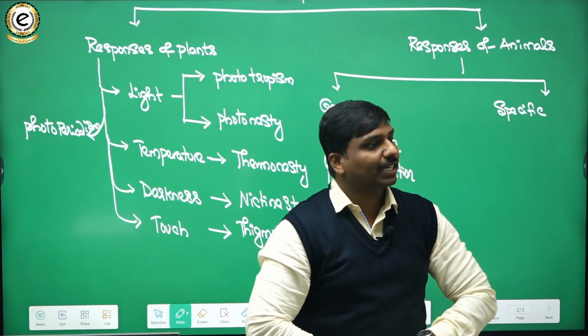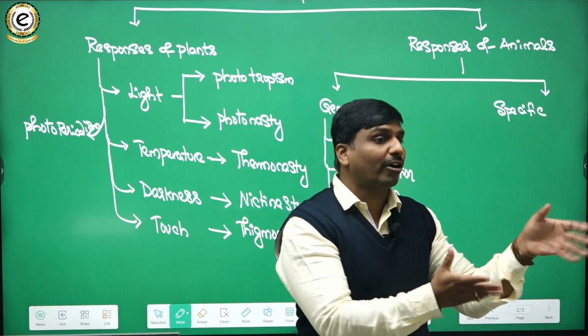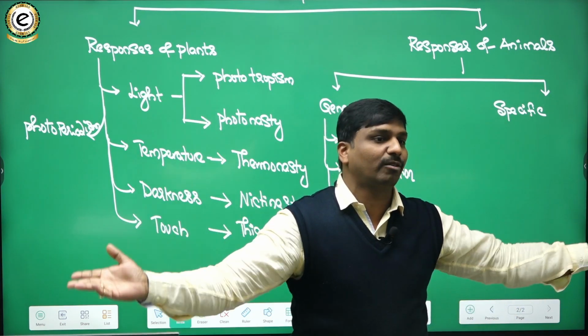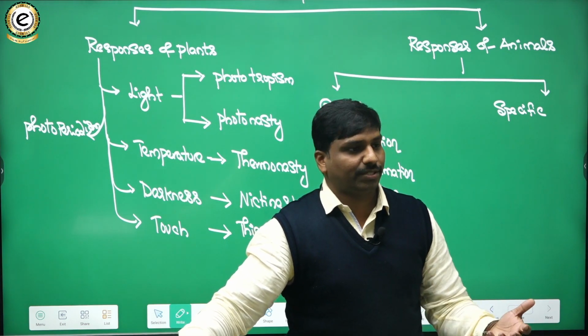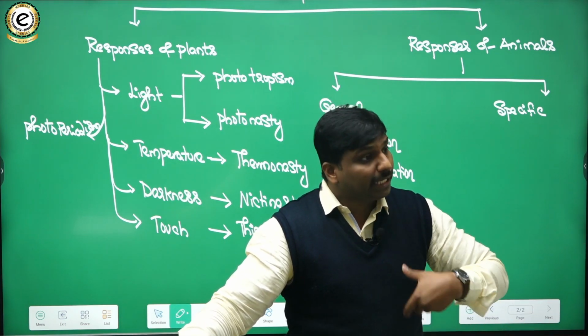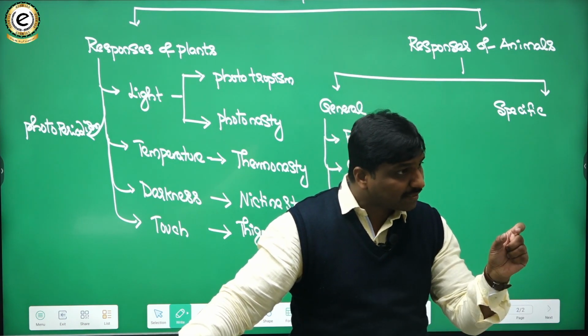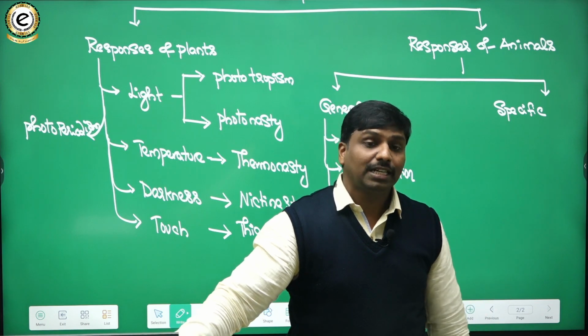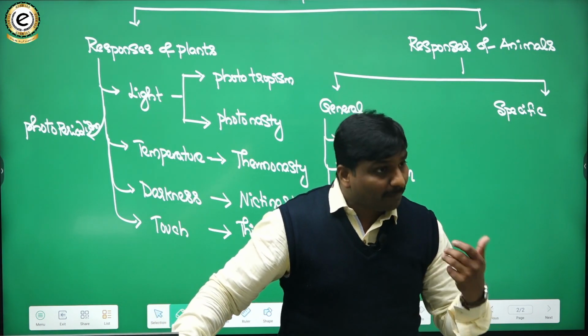That means, for example, some organisms will have the mechanisms to maintain or regulate their body temperature irrespective of the surroundings, like mammals and birds. Birds and mammals have the ability to maintain a constant body temperature, and that process is known as homeostasis, and those animals are known as warm-blooded animals.